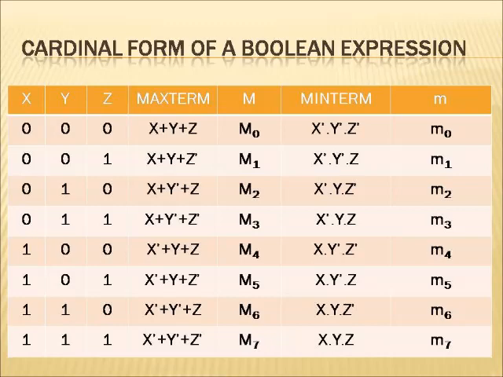The reason is that when z is equal to 1, we have to write it as z bar, right? So when x is equal to 1, y is equal to 1, z is equal to 1, the maxterm is x bar plus y bar plus z bar, right?